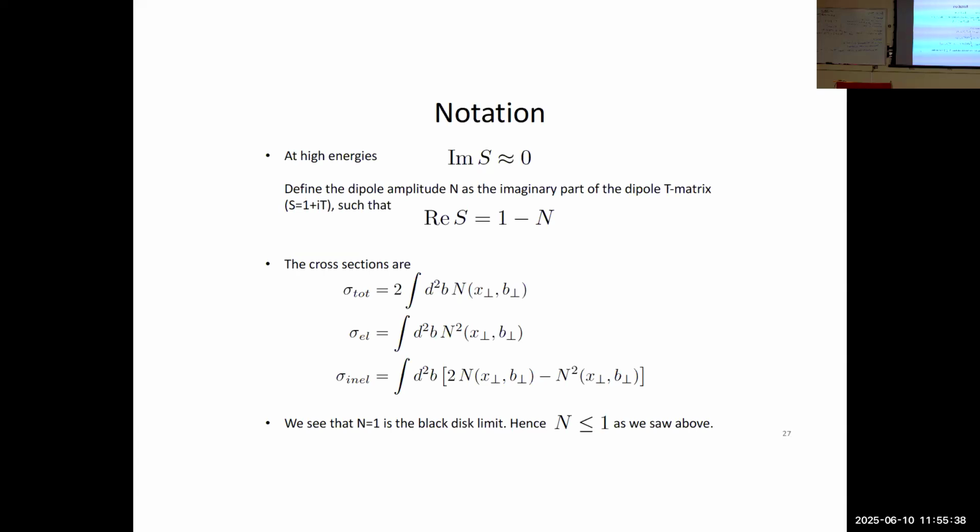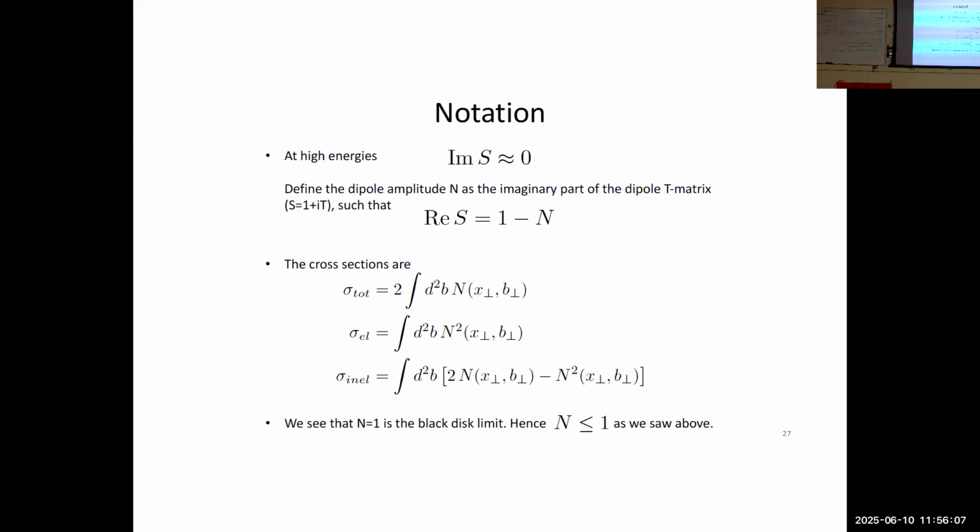Could the dipole amplitude exceed 1 if I solve this equation? It's a bit of a difficult question. You stare at it for a while. You have an n squared there. Yeah, the answer is we don't get there.